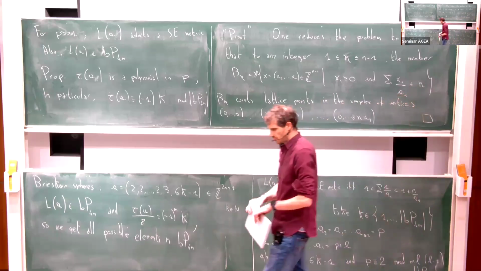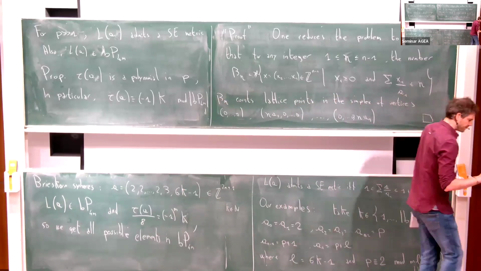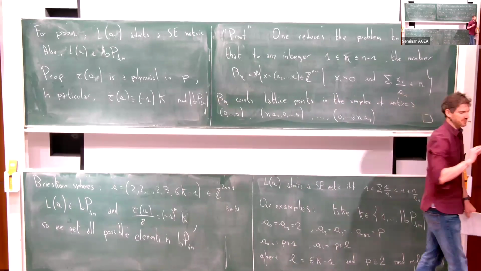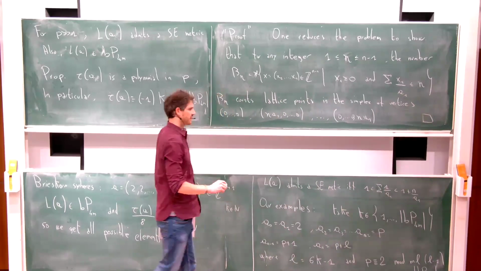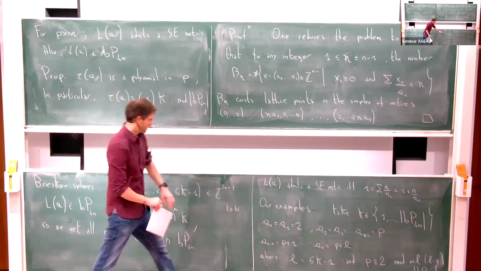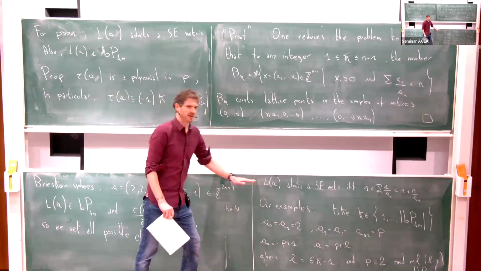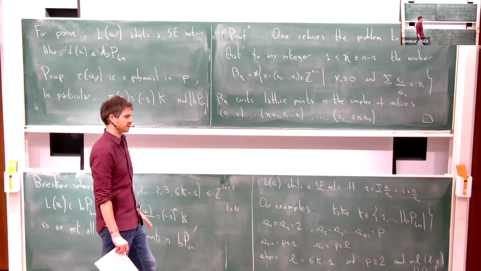Yeah. So all the links coming from Brieskorn-Pham singularities bound a parallelizable manifold. This is a theorem of Milnor. And we are only looking at links that all come from these Brieskorn-Pham singularities. So automatically they bound a parallelizable manifold, even if they are not spheres.